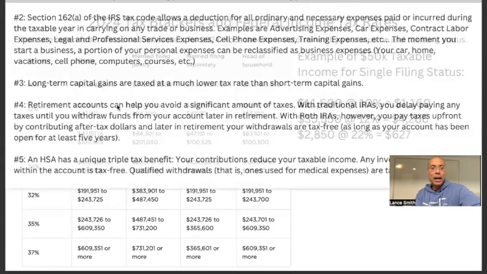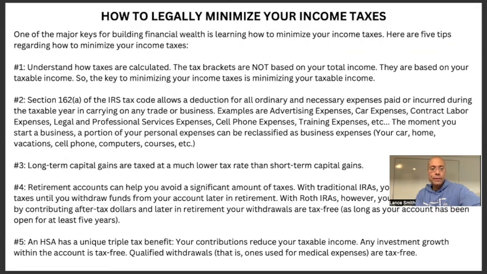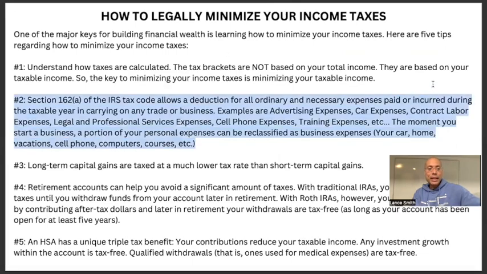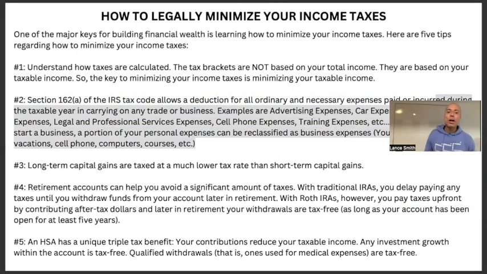All right. What else? Number four, retirement accounts. Retirement accounts can help you avoid a significant amount of taxes. With traditional IRAs, you delay paying any taxes until you withdraw funds from your account later in retirement. But with Roth IRAs, you pay taxes up front by contributing after-tax dollars.